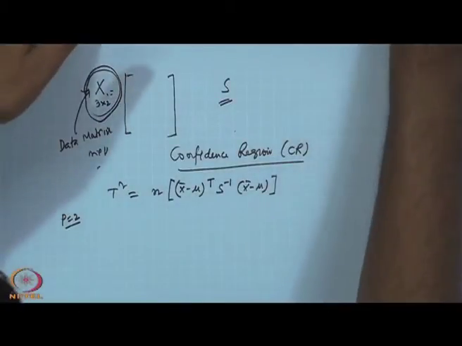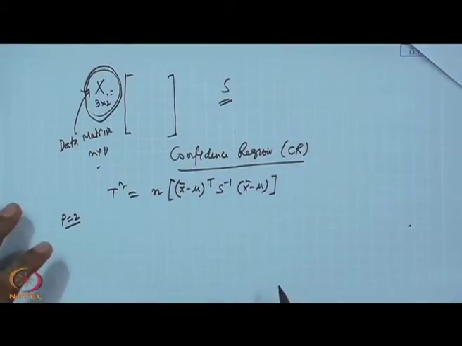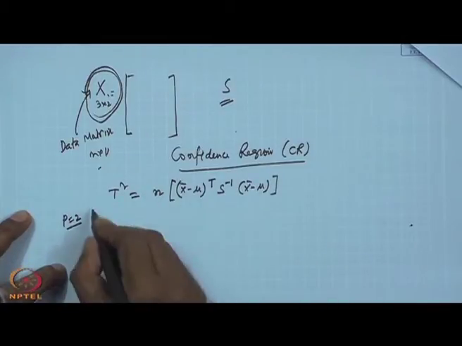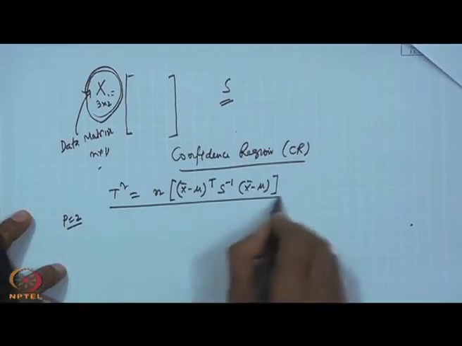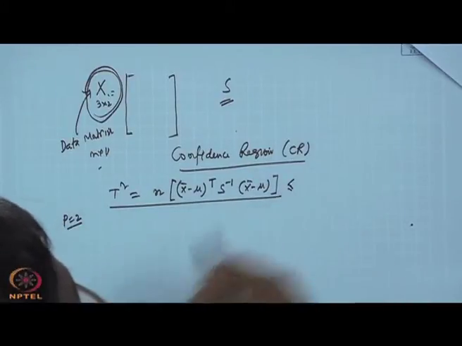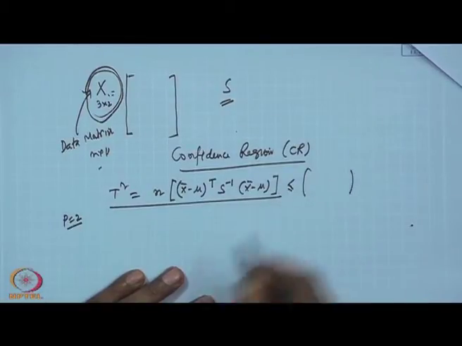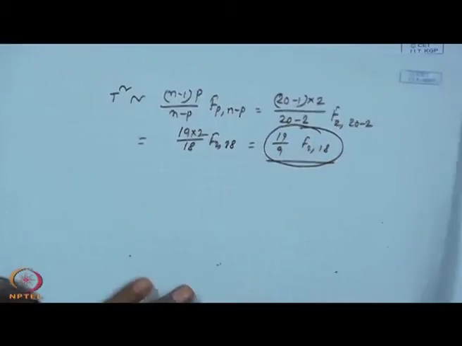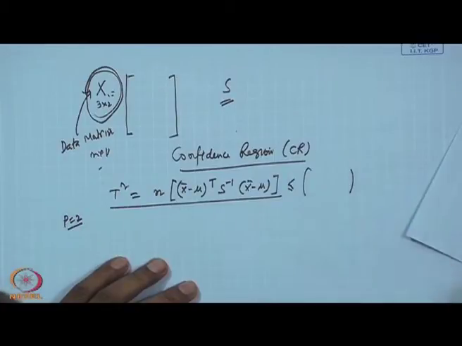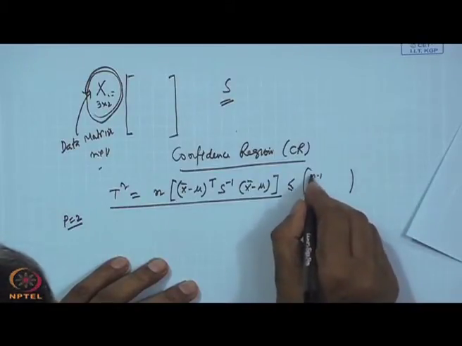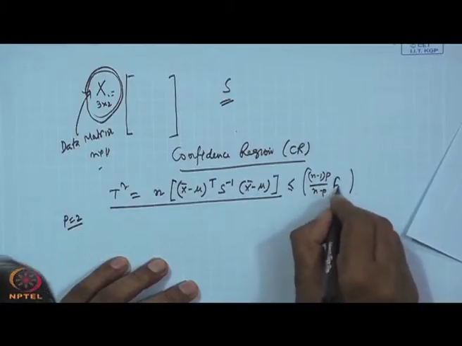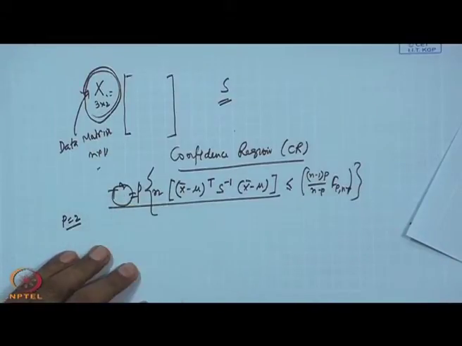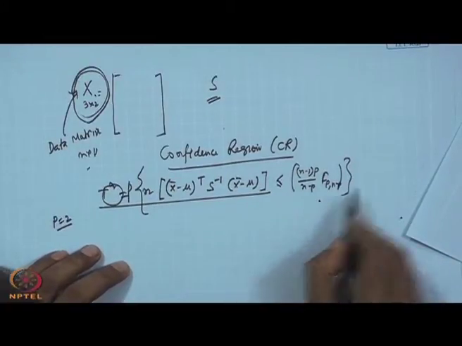So, the 2 dimensional case will be the equation of an ellipse, and you know what it will be in the multi-dimensional situation. What we want to say is that the T square value will be less than or equal to the required value. What is the probability distribution here? Your probability distribution is this. So, if I write like this, (n minus 1) into p by (n minus p) F with p and n minus p, the totality I am writing, the probability that this quantity will be less than this, what will be the value?